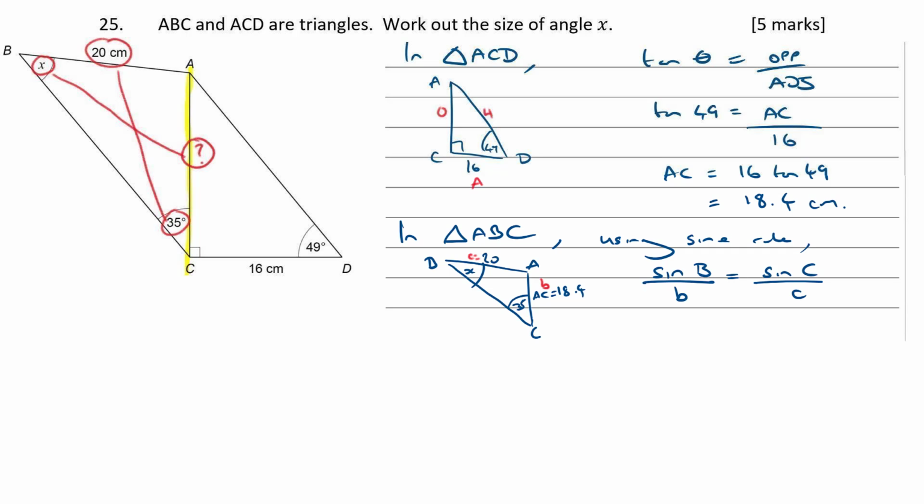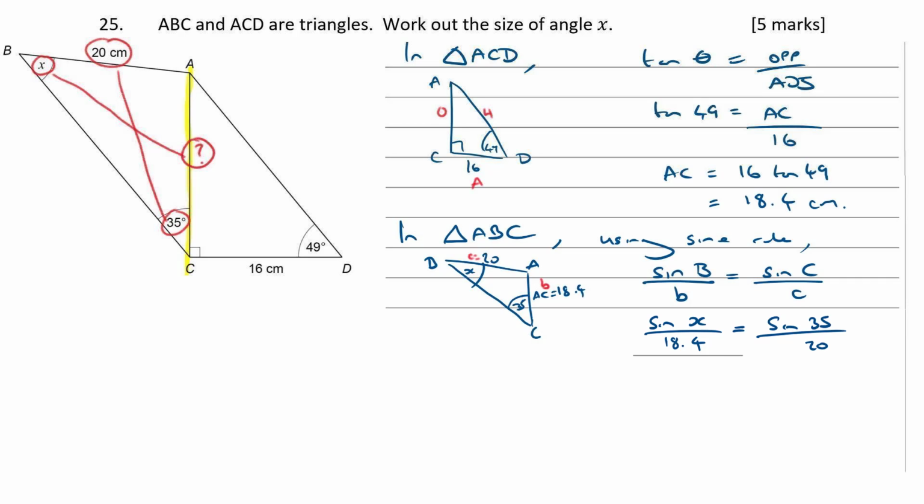So sine B is my x angle. So sine x divided by b, which is my calculated value from earlier, 18.4, and that's going to be equal to sine C, which is the sine of 35, divided by my side c, which is 20.